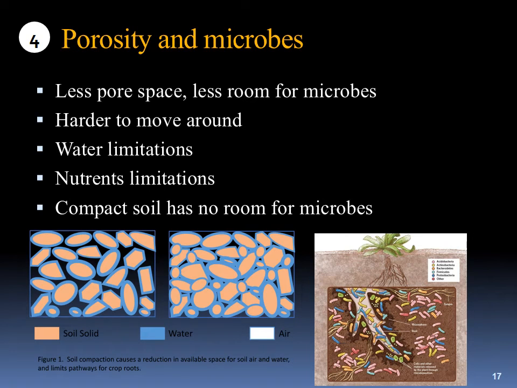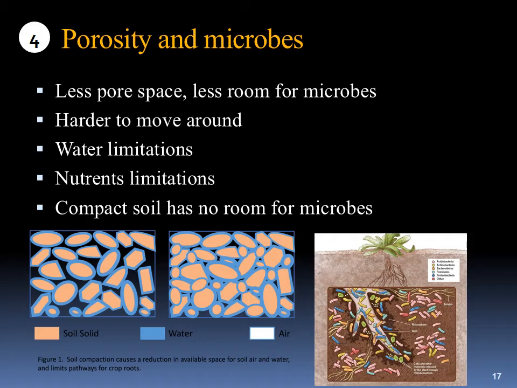In this example, we would see how pore space can affect microorganisms, water, and many other things. If you have larger pore space, it means you have more space for water, for air, for easy movement of roots, easy movement of water, and aeration.